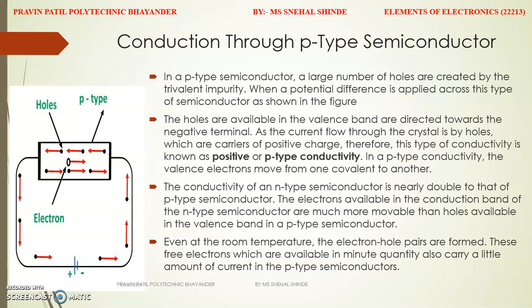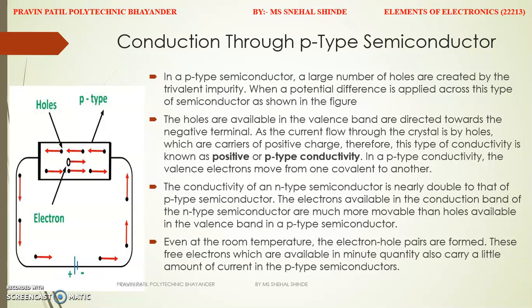The holes available in the valence band are directed towards the negative terminal, as the current flow through the crystal is by holes which are carriers of positive charge. Therefore, this type of conductivity is known as positive or p-type conductivity.